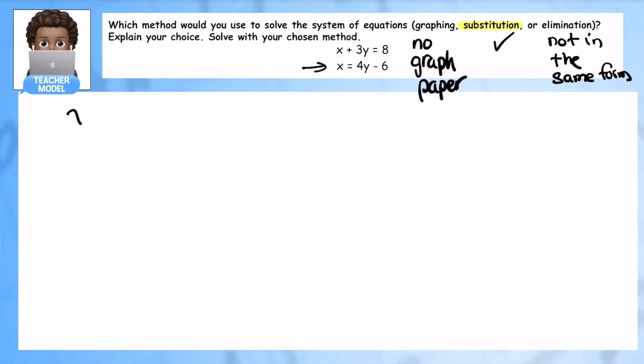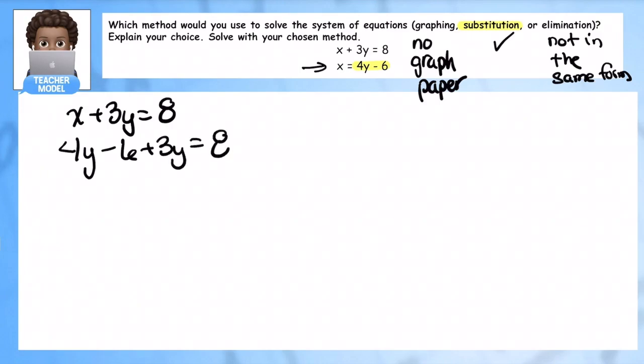So let's start with x plus 3y equals 8. And now I'm just going to substitute 4y minus 6. Combine like terms and solve for y.